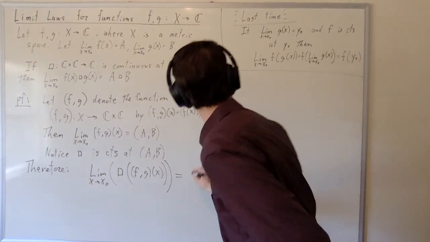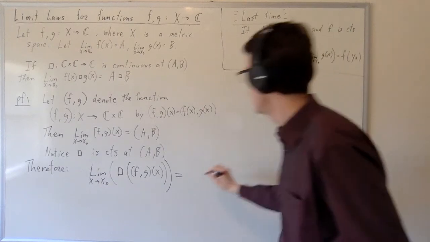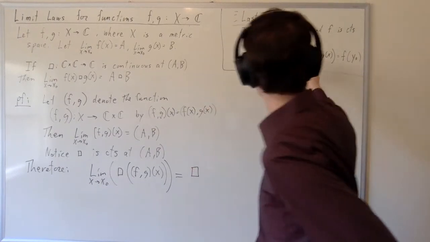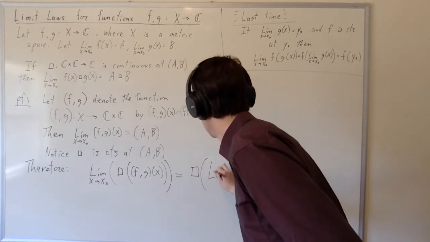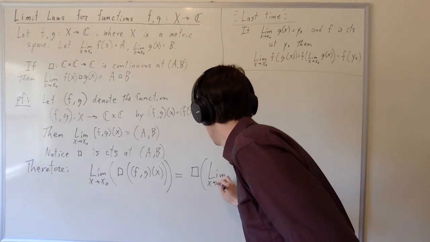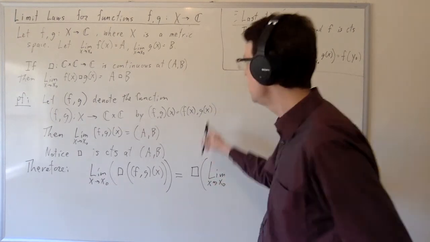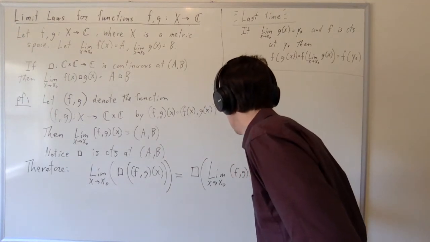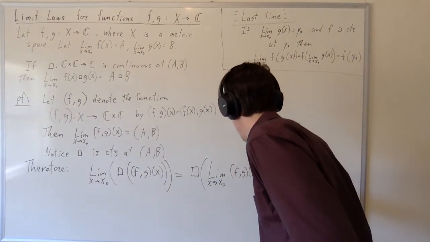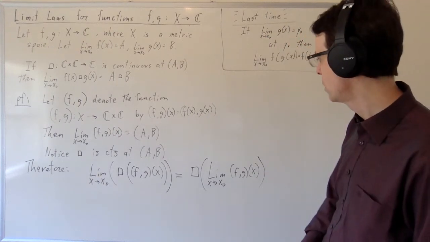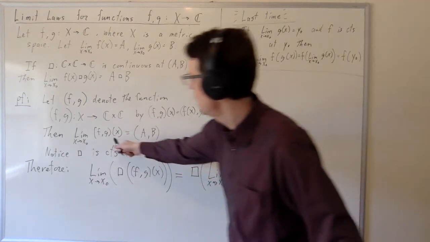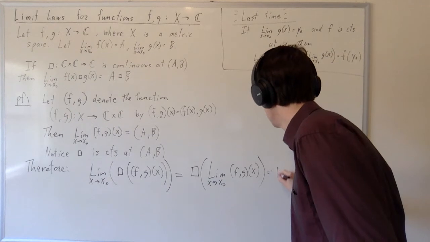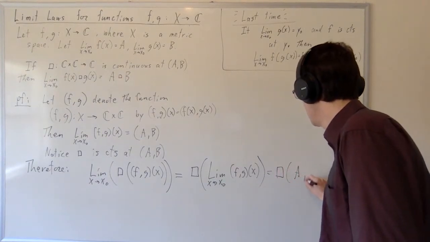That's equal to the exterior function, the box of the limit of the interior function, which is, again, the function f comma g evaluated at x. But this limit is known to be a, b. So this is actually the box of a comma b.